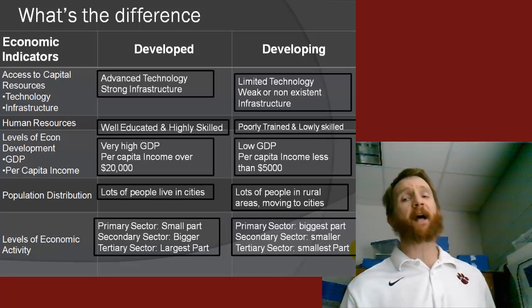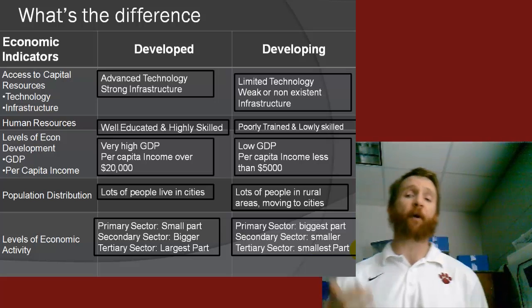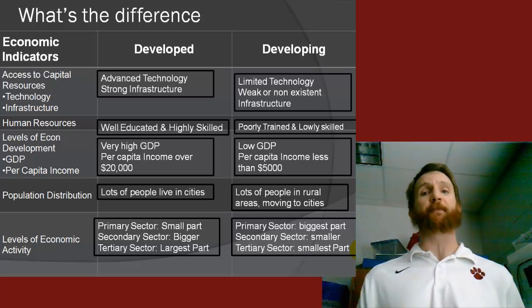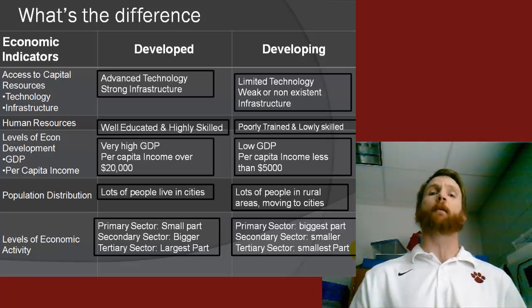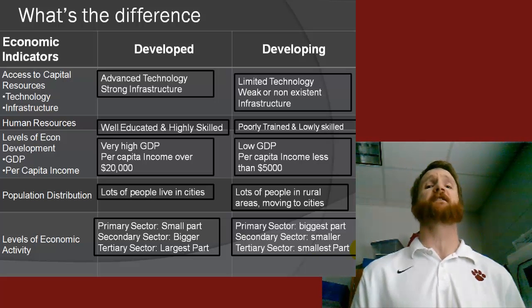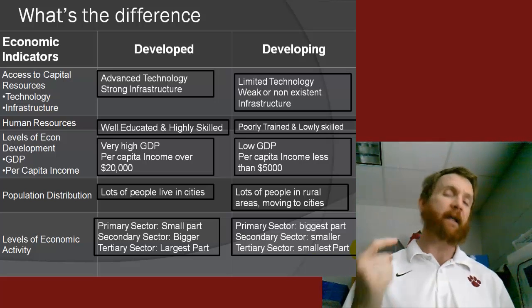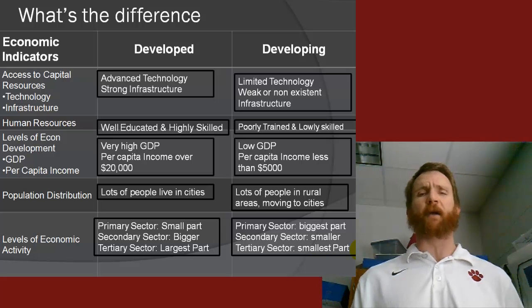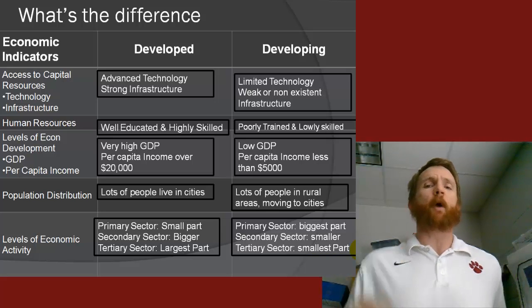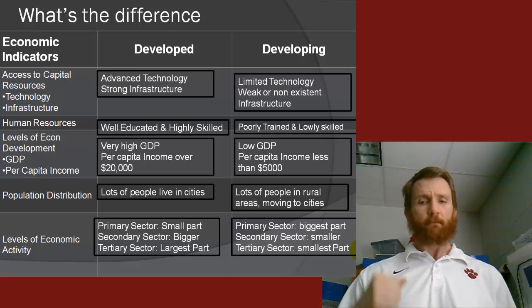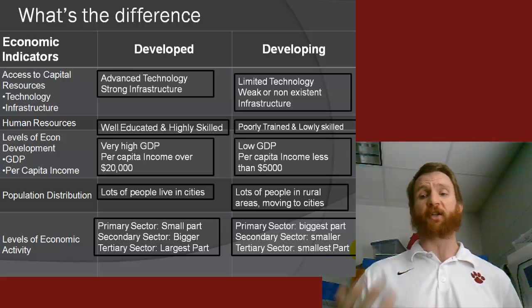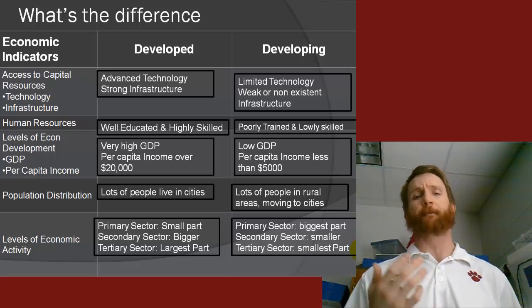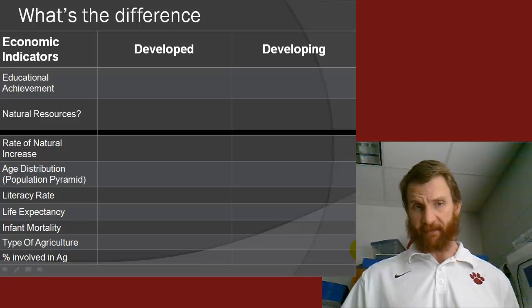In a developing nation, most people have the #1 job in the world, which is subsistence agriculture, subsistence farmer. Remember, farming for subsistence is farming to feed your family, and that's the #1 job. So that's a primary job, or main job rather, is primary economic activities. They are working mostly in agriculture. Secondary jobs are smaller. They do have some manufacturing, but very few people work in tertiary level economic activities.